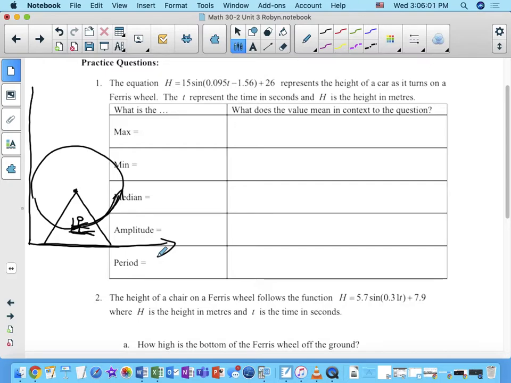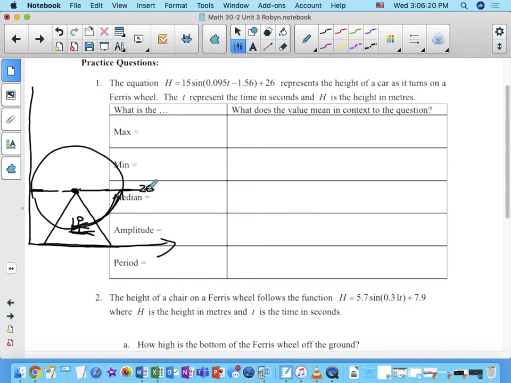Yeah, it's this height right here, right? This is the middle of where you could be. This is your middle height. Does that make sense? So this is 26.